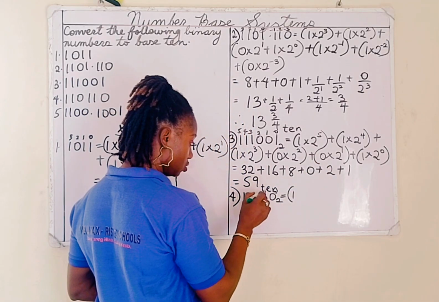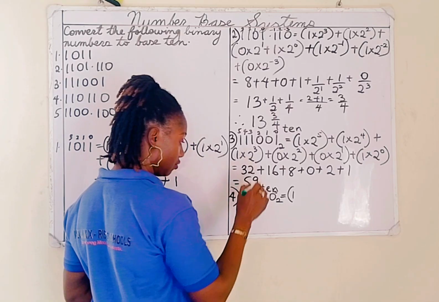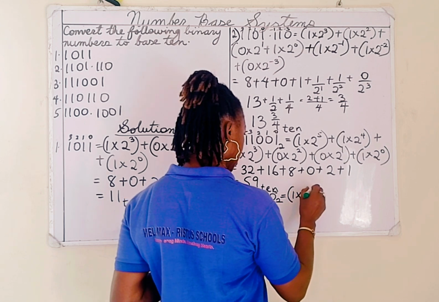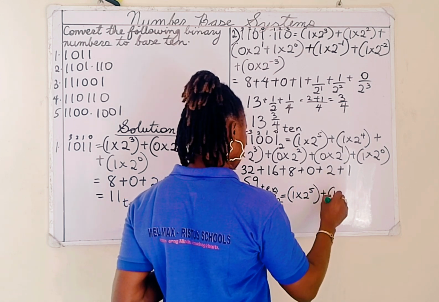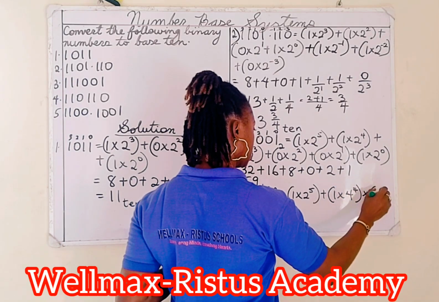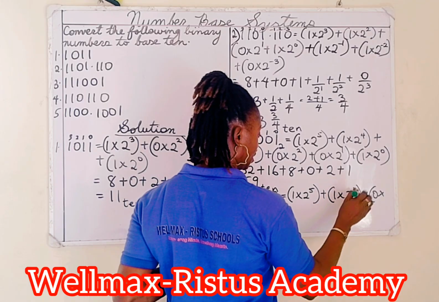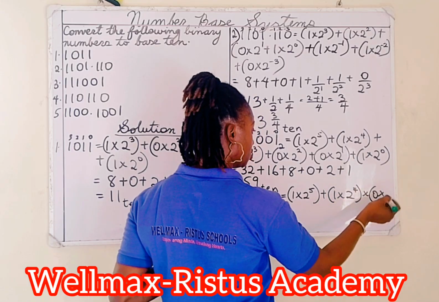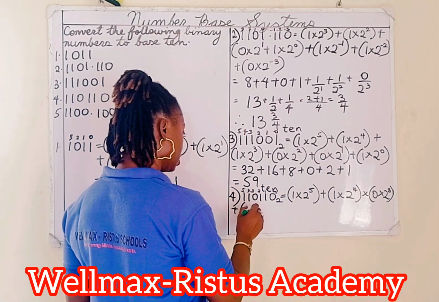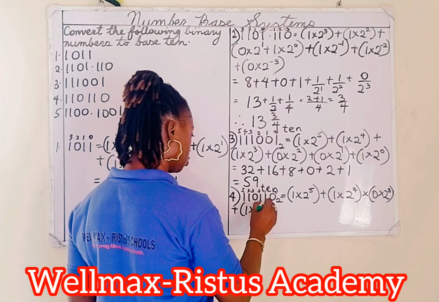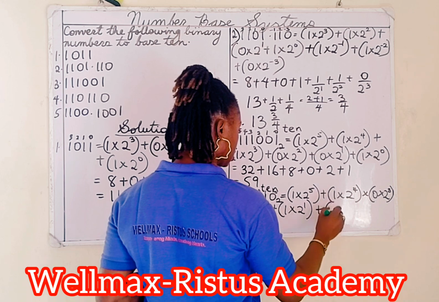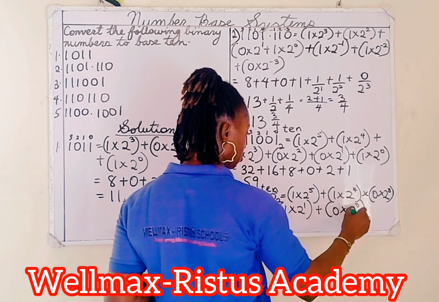We have 0, 1, 2, 3, 4, 5. 1 times 2 to the power of 5 plus 1 times 2 to the power of 4, plus 0 times 2 to the power of 3, plus 1 times 2 to the power of 2, plus 1 times 2 to the power of 1, plus 0 times 2 to the power of 0.